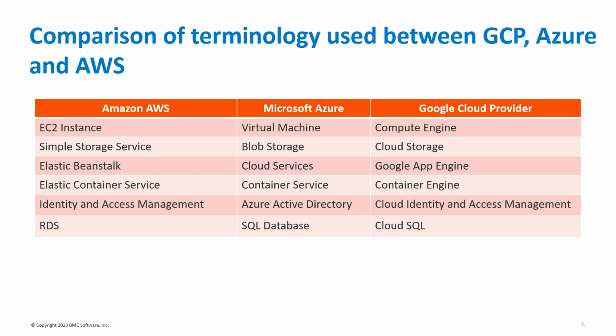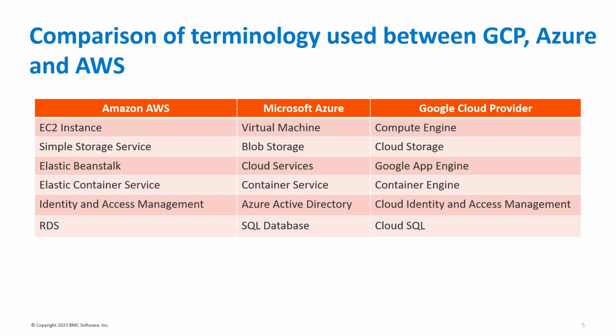Though they have different technical jargons used, the purpose they serve is very common. For example, in AWS, a virtual machine is referred to as an EC2 instance, wherein Microsoft refers to it as a virtual machine, and GCP refers to it as a compute engine.